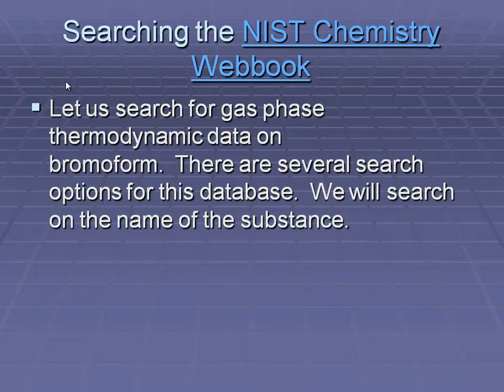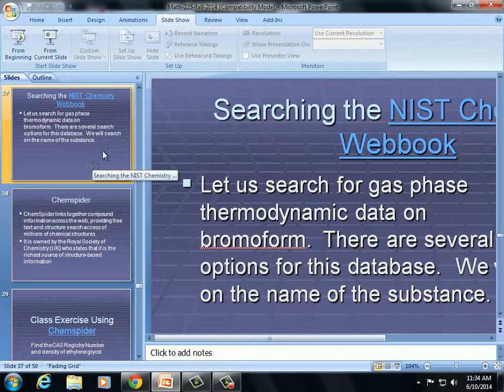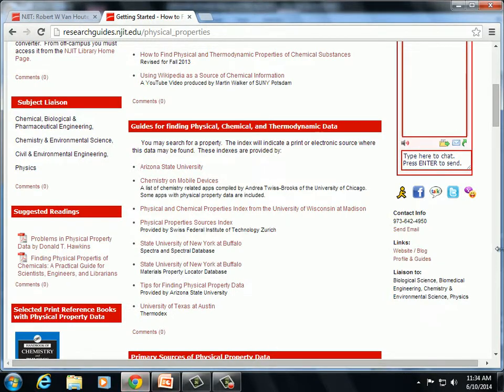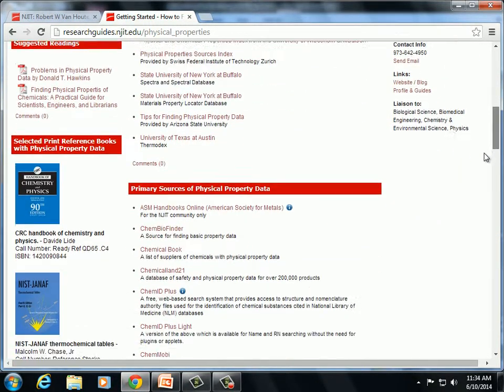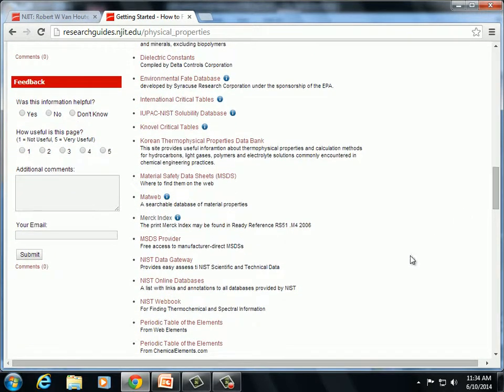So let's do a search, gas phase thermodynamic data on bromoform. We'll go to the NIST Chemistry Webbook. Go back to my page here and look under N for NIST Webbook.